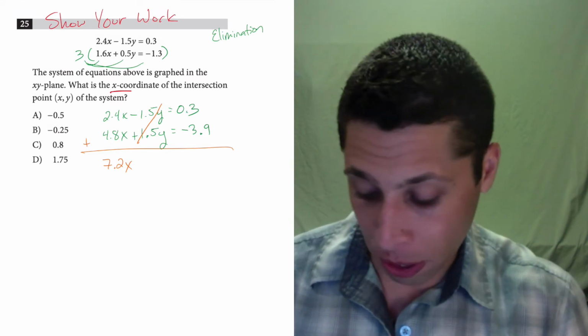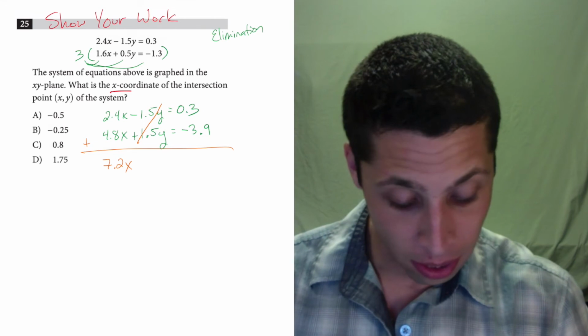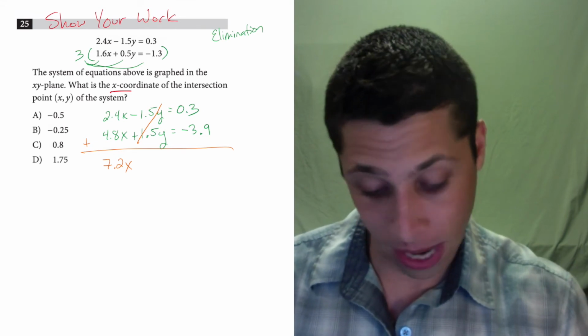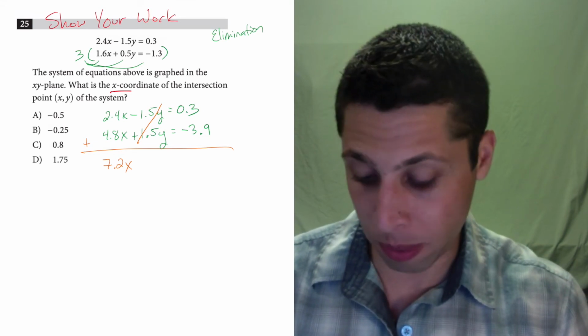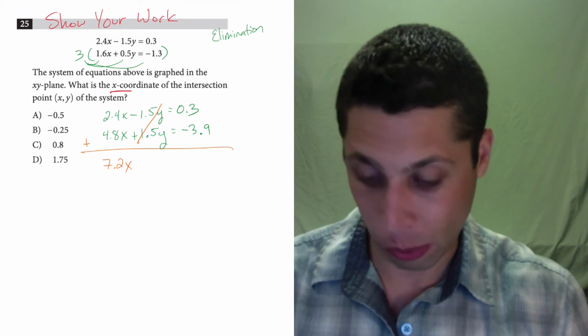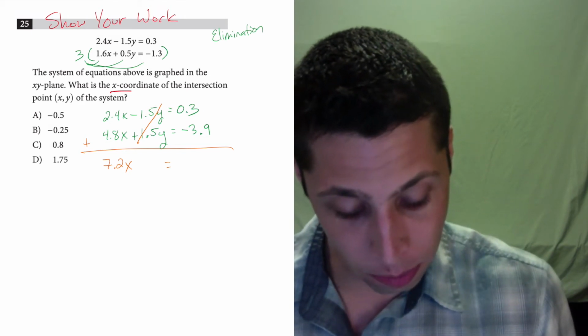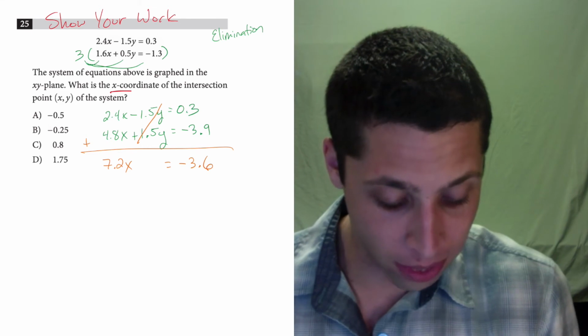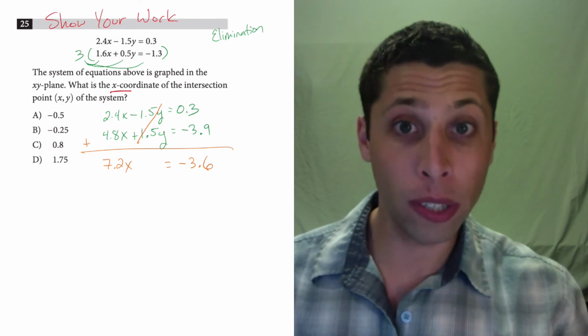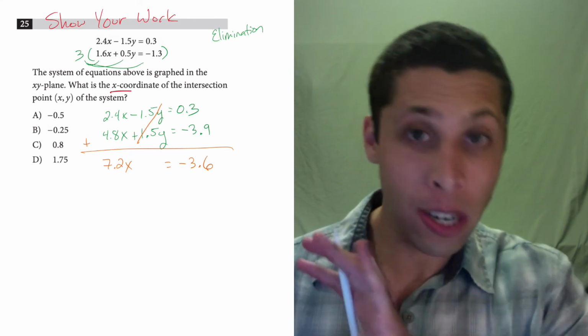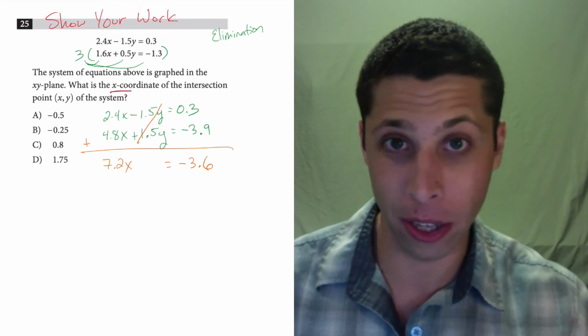So let's finish the job here though. So 0.3 plus, or minus here, plus negative 3.9 would be the same as minus 3.9. And that is going to be negative 3.6. So now this orange represents the 1 equation that I'm left with after I've eliminated the y's.